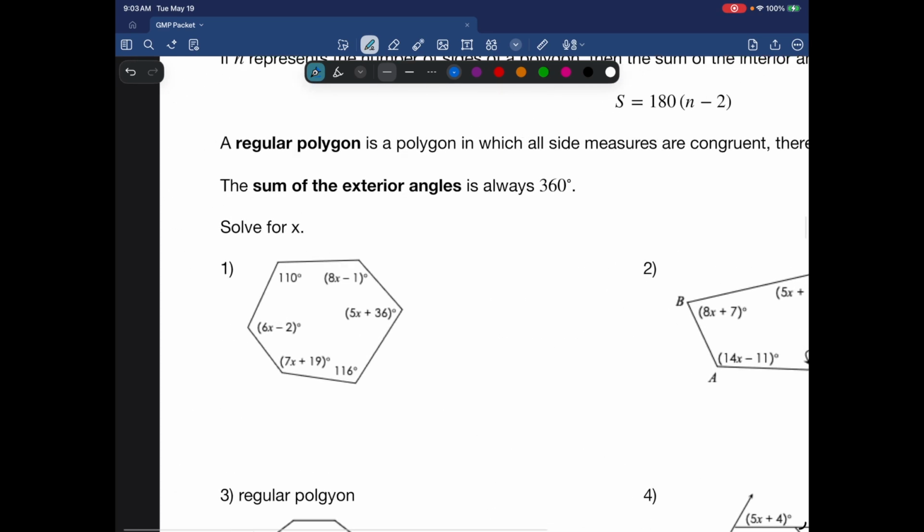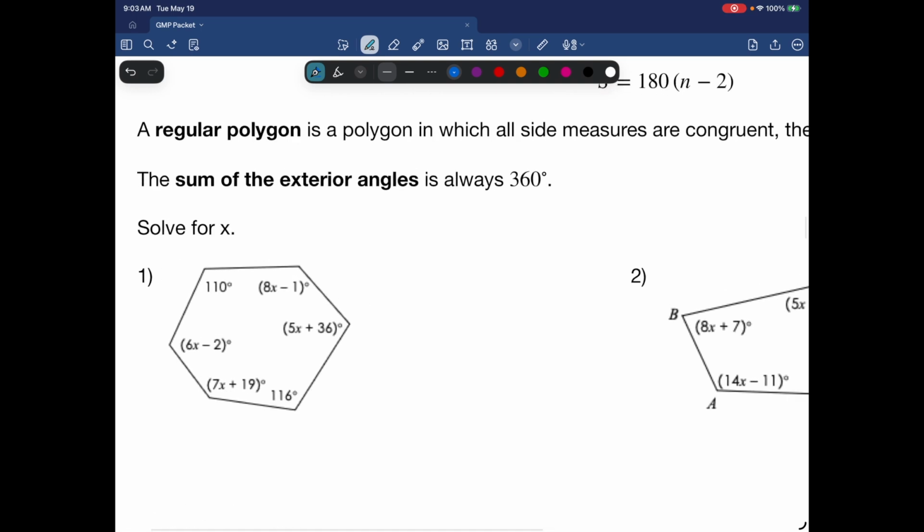So let's see, we have 1, 2, 3, 4, 5, 6 sides. If we have 6 angles, we have 6 sides. So I'm going to add all these up. This is going to be 110 plus (8x minus 1) plus (5x plus 36) plus 116 plus (7x plus 19) plus (6x minus 2).